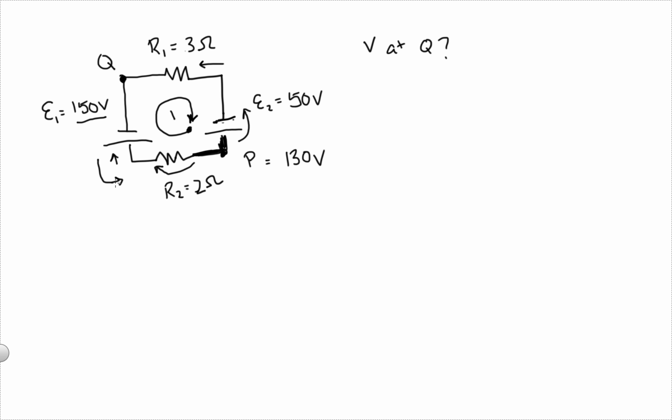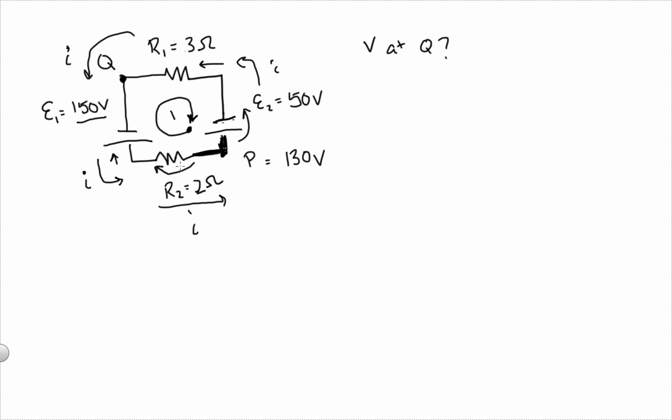And we're going to assume that our current I is flowing out of that battery. So I goes this way, and then goes up and around, and then back down into the battery. So our loop is clockwise, our current is counterclockwise.